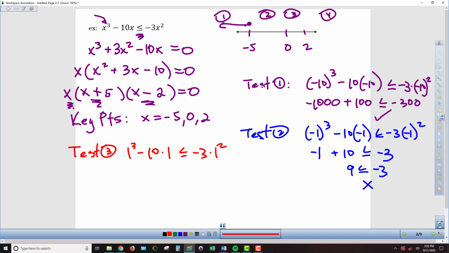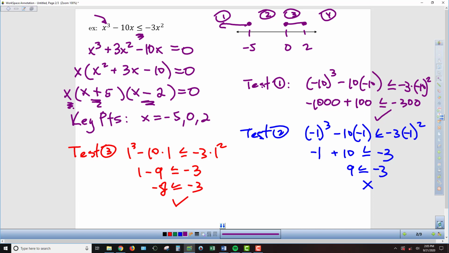So 1 cubed is 1, minus 10 is negative 9, is less than or equal to 1 squared is 1 times negative 3 is negative 3. So I've got negative 8 is less than or equal to negative 3. That one is true. So that means I'm going to connect these two spots here. So from 0 to 2, that works.